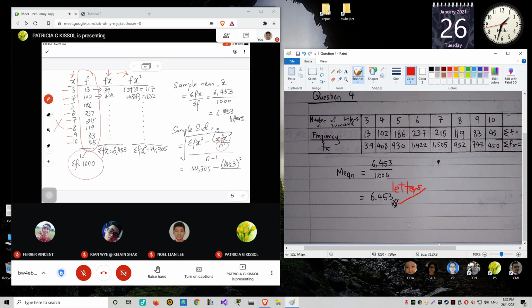It is referring to this value, that means here you are to use 1,000. And here divide by n minus 1, of course, 1,000 minus 1 is 999. And all this you have to square root again. And of course, when you calculate that, your S would be 1.6329 letters. Is that clear?